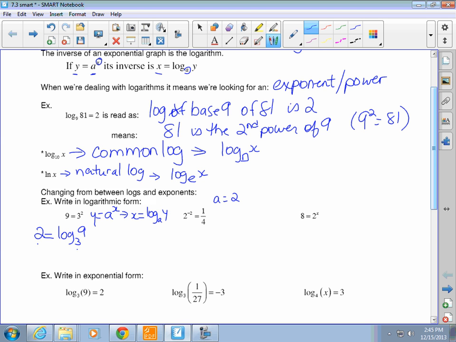My y, what the equation equals, is 1/4. And my exponent is negative 2. So this would be written as negative 2 is equal to log base 2 of 1/4.